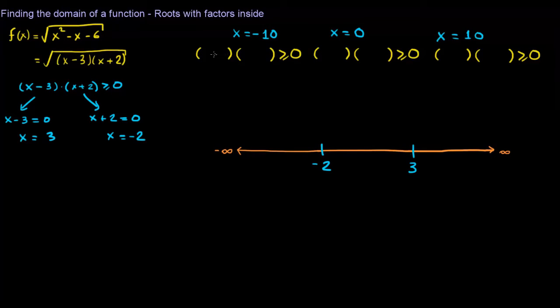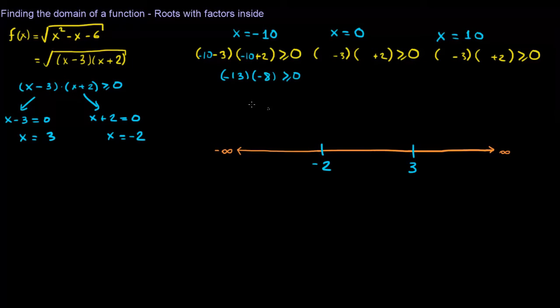Here I have my x minus 3 times x plus 2, three times. Okay, now I'm going to substitute the values of x in every case. Here will be negative 10 minus 3 times negative 10 plus 2. Negative 10 minus 3 would be negative 13, and here we have a negative 8.